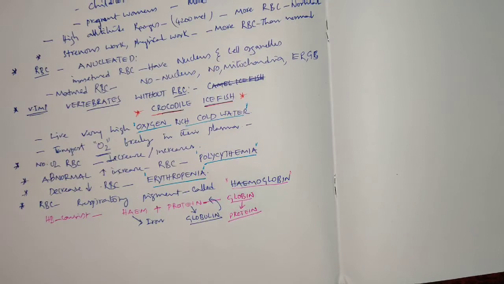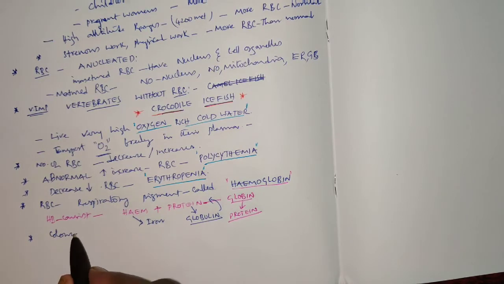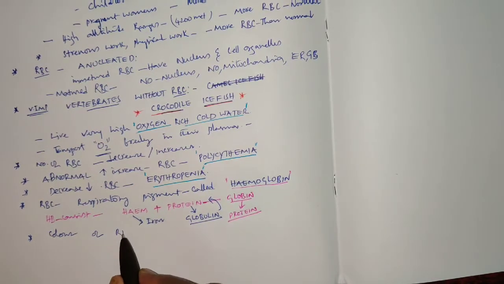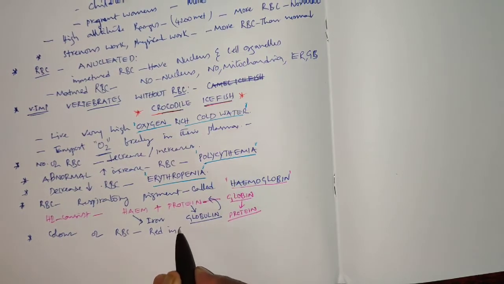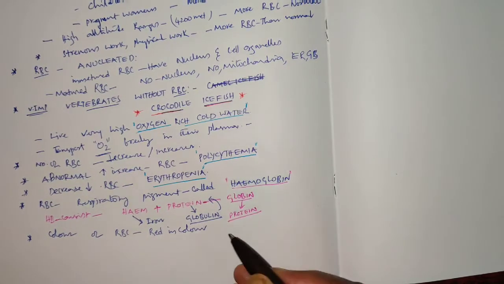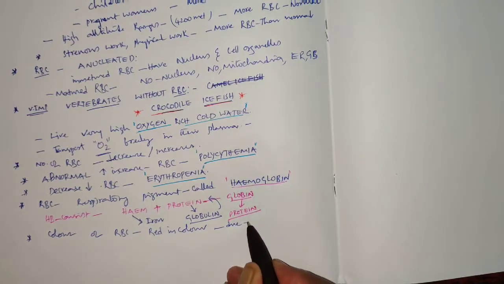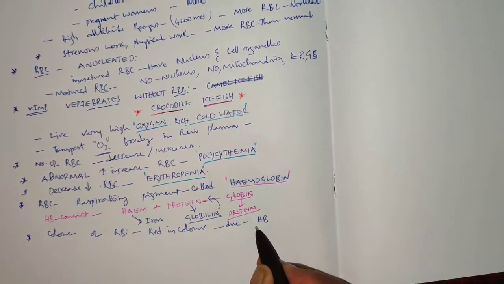It is a red color pigment, which is why RBC is red in color. So the color of RBC is red due to the presence of hemoglobin.